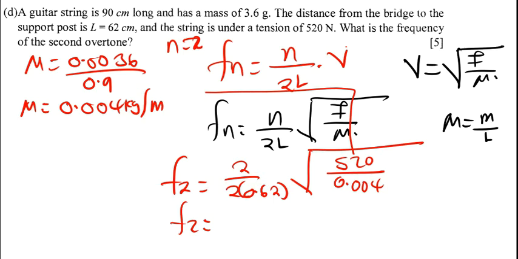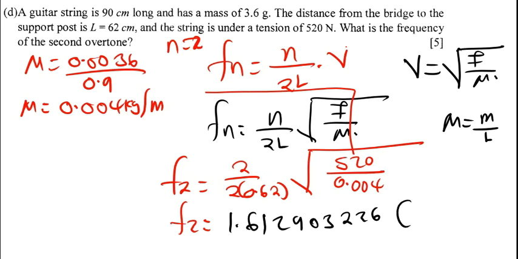So the second overtone is going to be, I think the best thing to do, I can just say 2 divided by open brackets 2 times 0.62. The answer I'm getting is 1.6129. I'm not going to round it off, because I want to get the accurate answer.